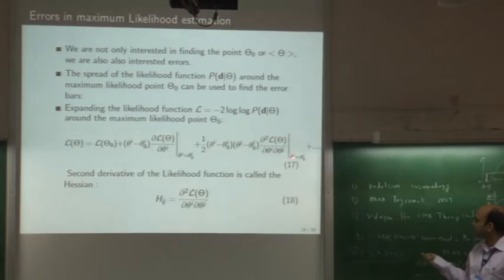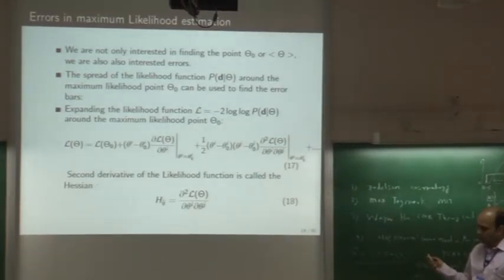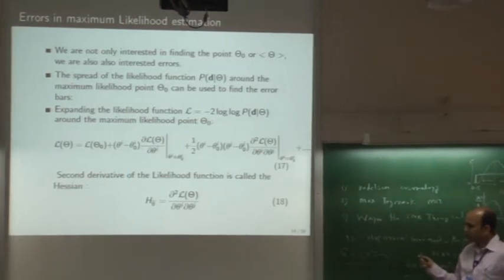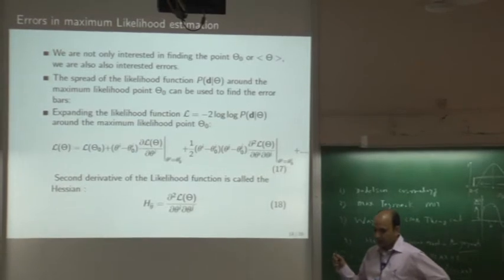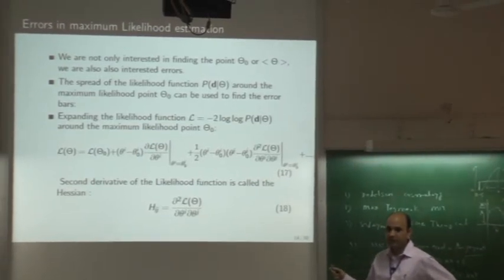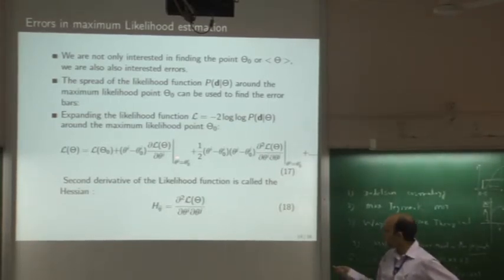So you can expand it. We are trying to find the value of the model parameters for which the likelihood is maximum. Simply, that is our question. We are trying to maximize the likelihood.